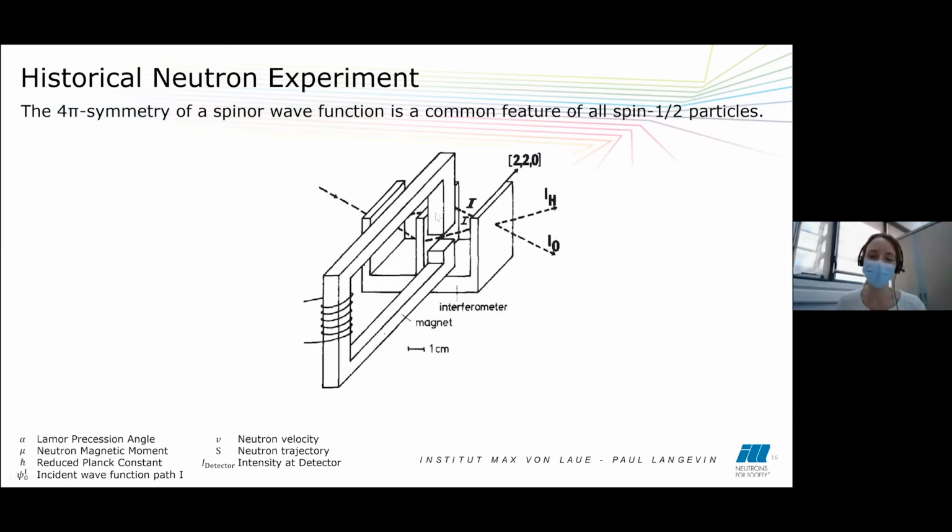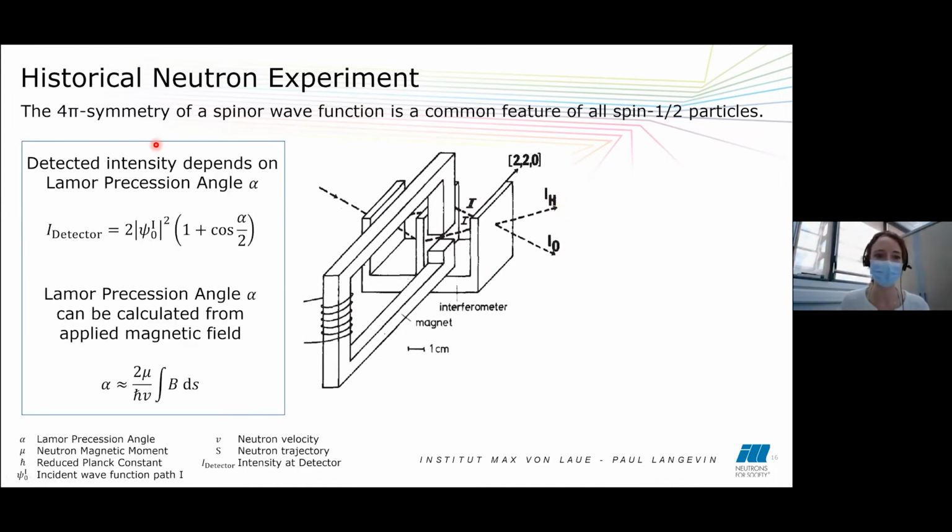You only have the perfect crystal interferometer, and an electromagnet creates a constant magnetic field which is introduced to one of the beam paths. And the interference pattern observed behind the interferometer is given by this equation and actually only depends on the Larmor precession angle alpha.